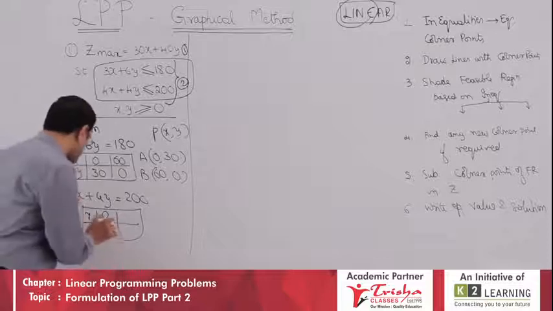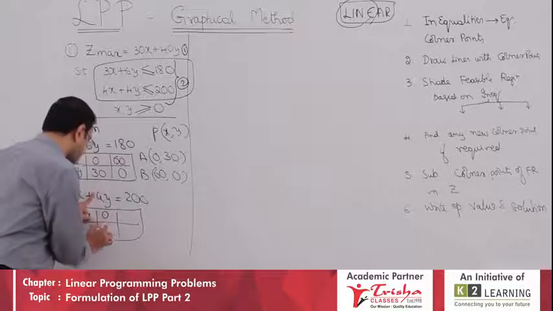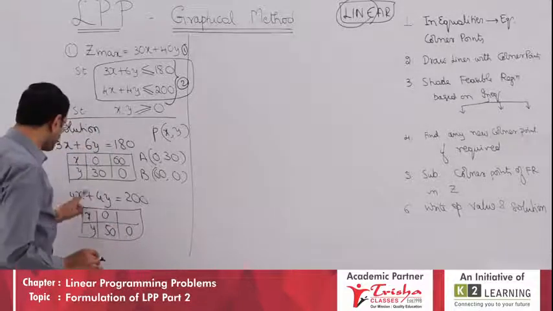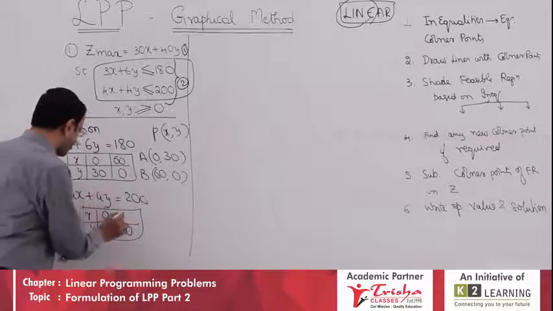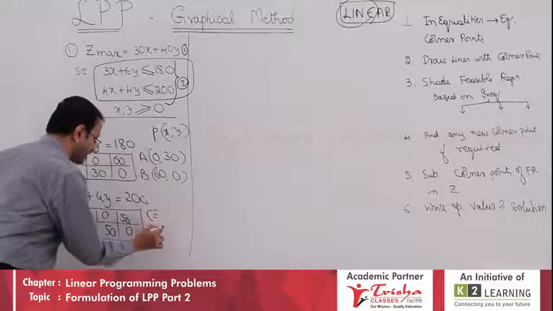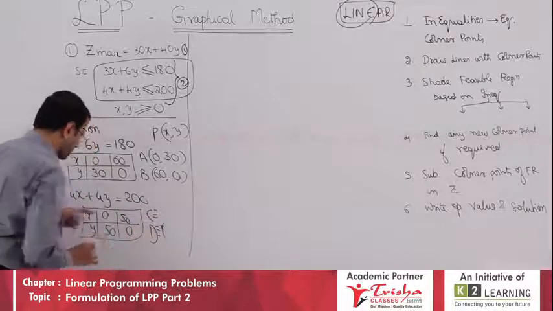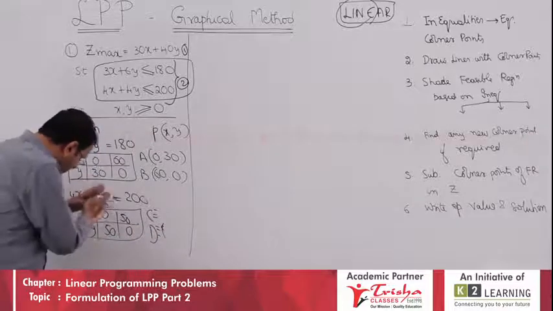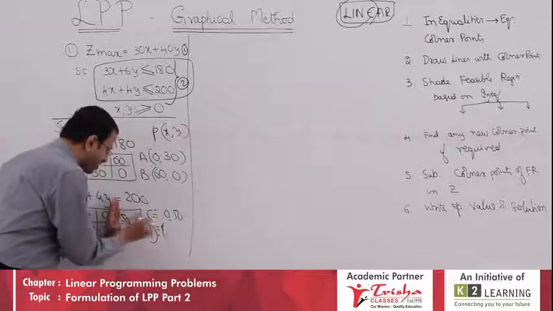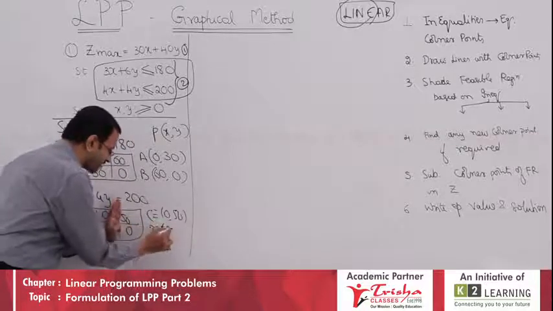We will take x equals 0. 4y equals 200, y is equal to 50. If I take y equals 0, then 200 by 4 is 50. So I will take these 2 points as C and D. As I have already told, x, y will be 0, 50 and here x, y will be 50, 0.